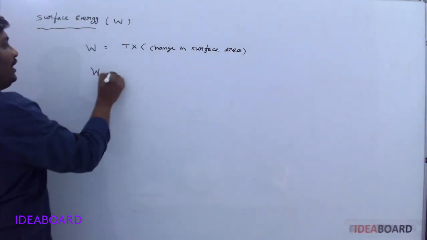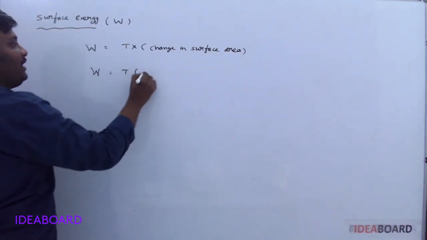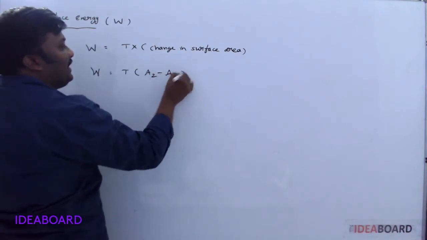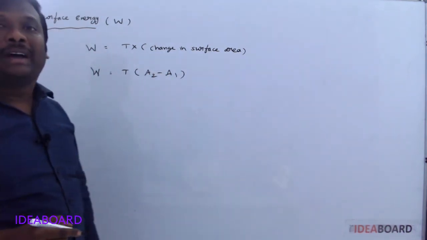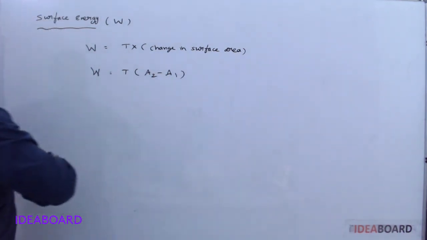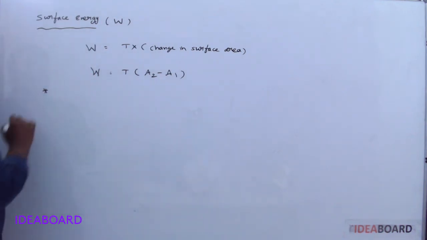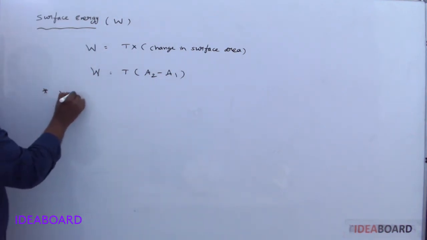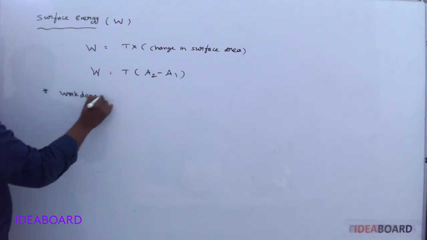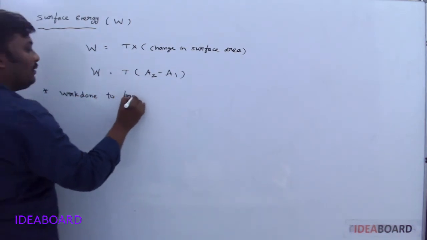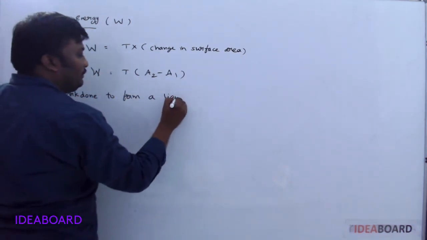So the work done formula or surface energy formula is T into change in surface area, A2 minus A1. For example, they are asking one question: how much work is done to form a liquid drop?